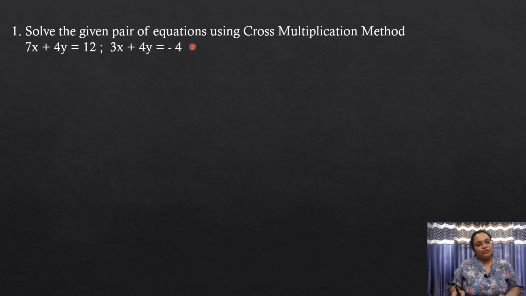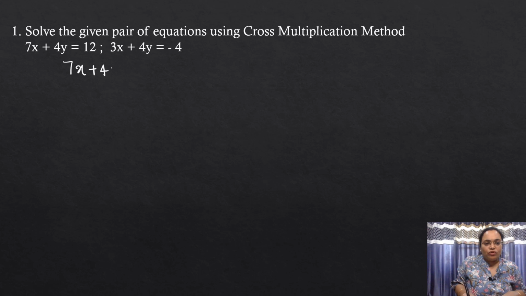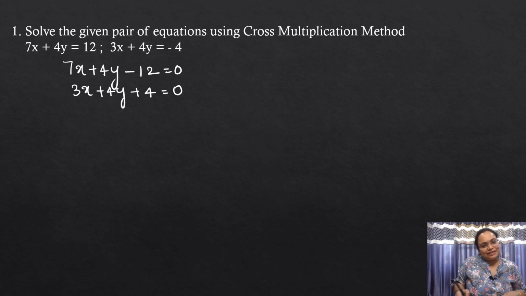Solve the given pair of equations using the cross multiplication method. These are the two equations they have given: 7x plus 4y is equal to 12, and 3x plus 4y is equal to minus 4. How do you write these equations? 7x plus 4y minus 12 is equal to 0, and 3x plus 4y plus 4 is equal to 0.